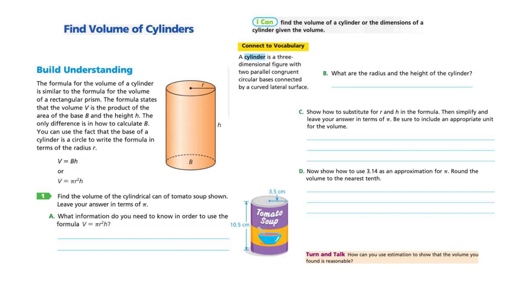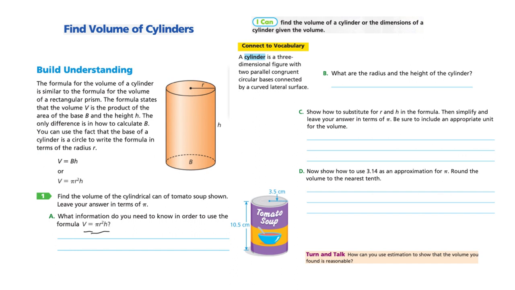All right, so let's look at number 1. It says find the volume of the cylindrical can of tomato soup shown. Leave your answer in terms of pi. And A says, what information do you need to know in order to use the volume formula V equals pi times the radius squared times the height?